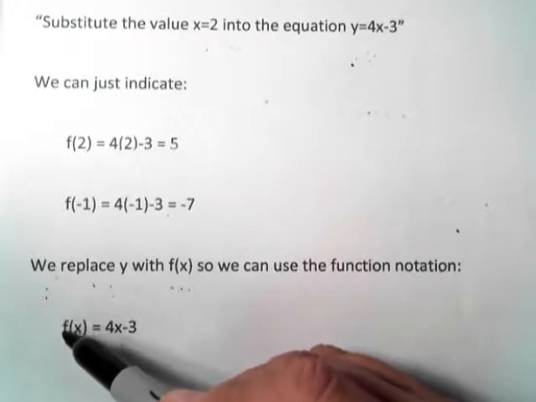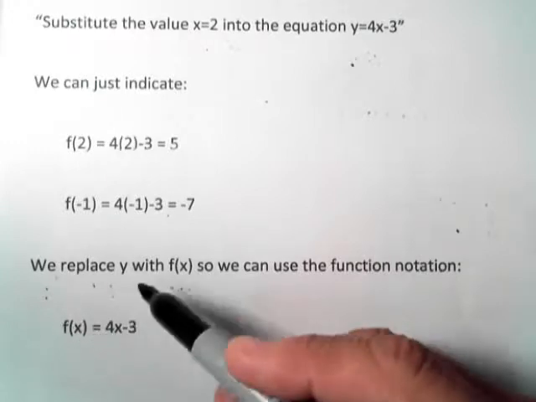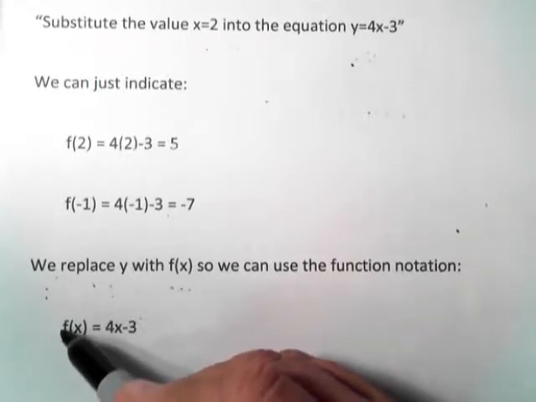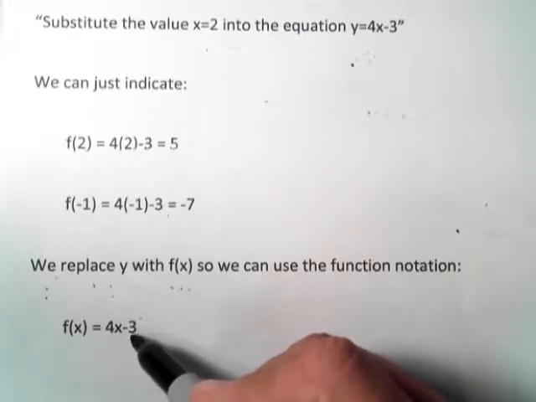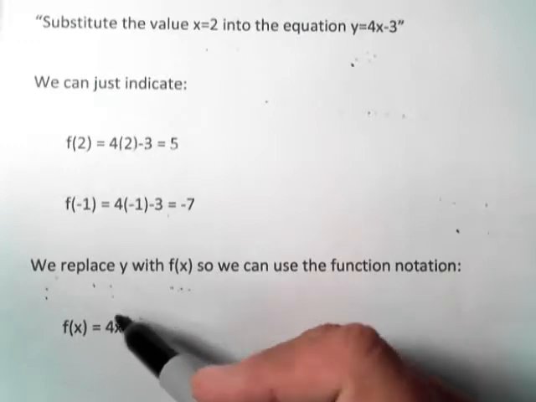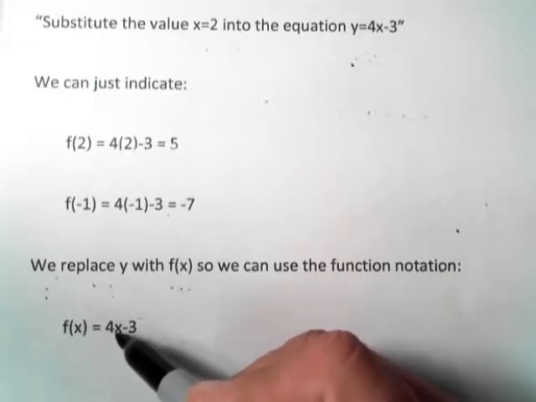But you can use g and h and any other letter you want to set it up. But you define what the equation is using your function notation. f of x equals 4x minus 3, and you can have over here whatever you happen to be dealing with. If the variable is still in the parentheses, then that means the variable stays in the equation.